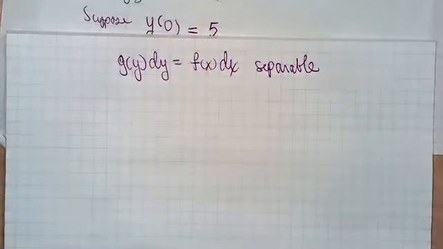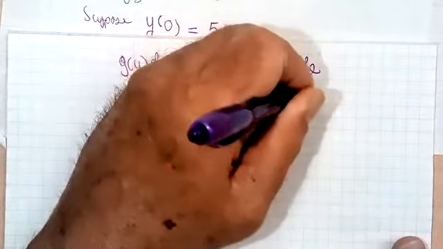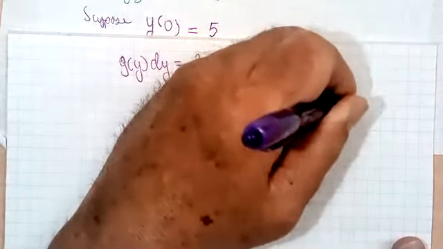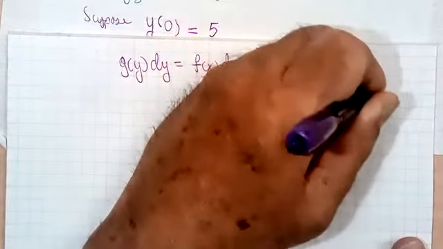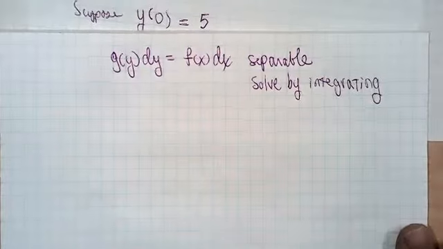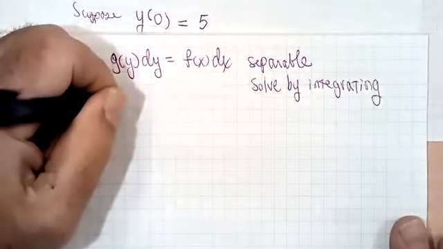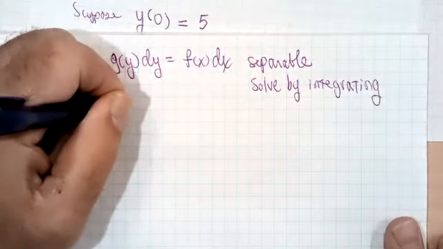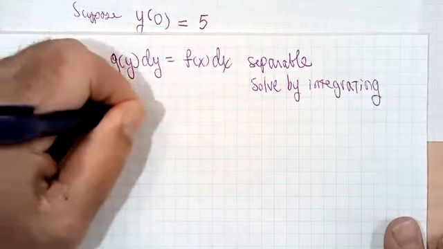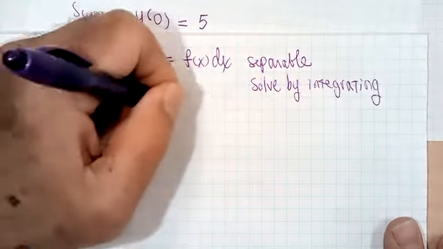And you solve them by integrating. That was the first thing we did. The second thing was this. We said, well, sometimes you may start out in this kind of a form here. Let's see, what does it turn out to be?